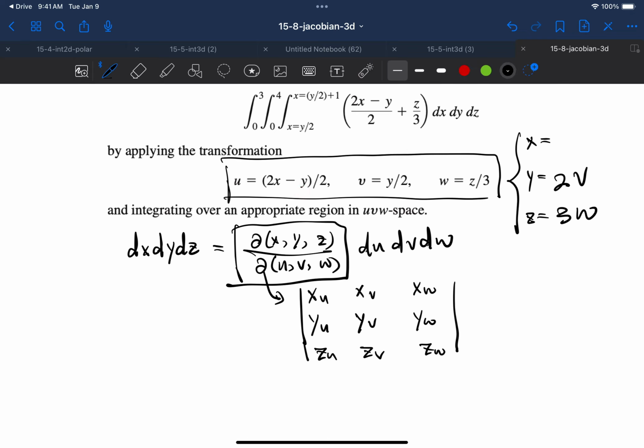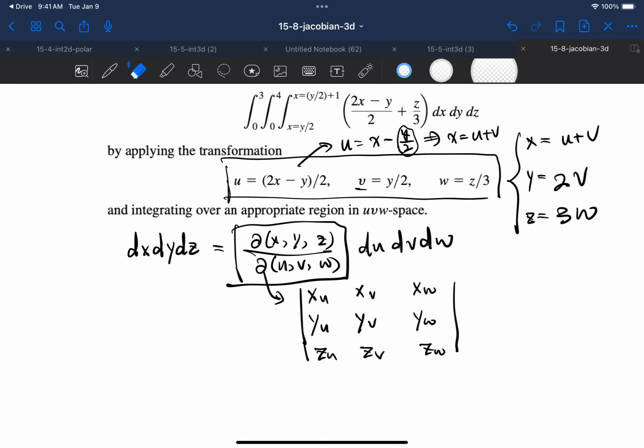So you can look at this as u equals x minus y over 2. Then y over 2 is going to be v, right? So that means x equals u plus v.